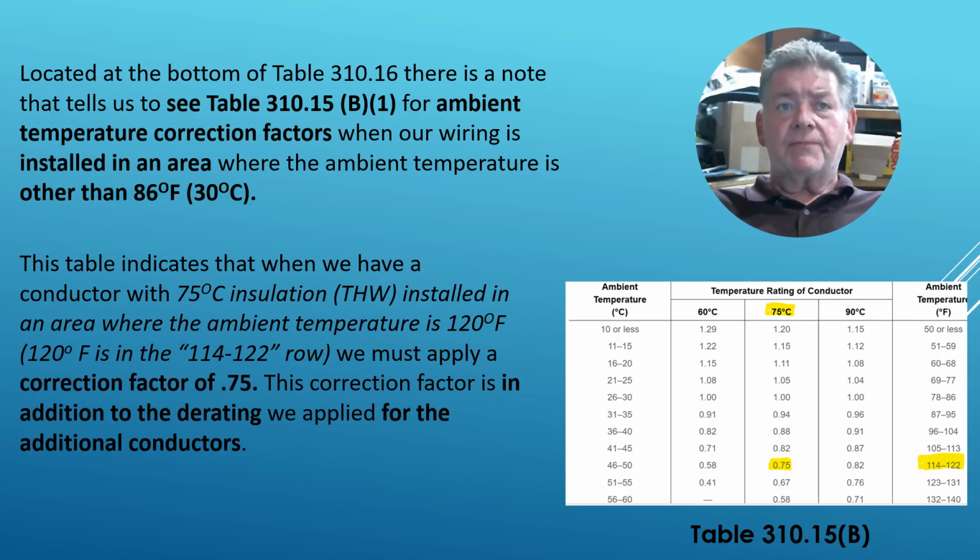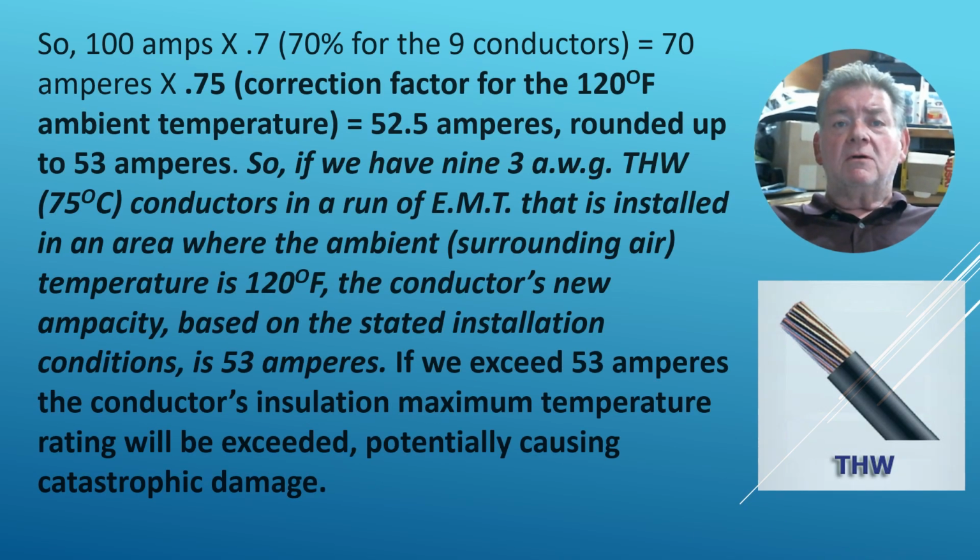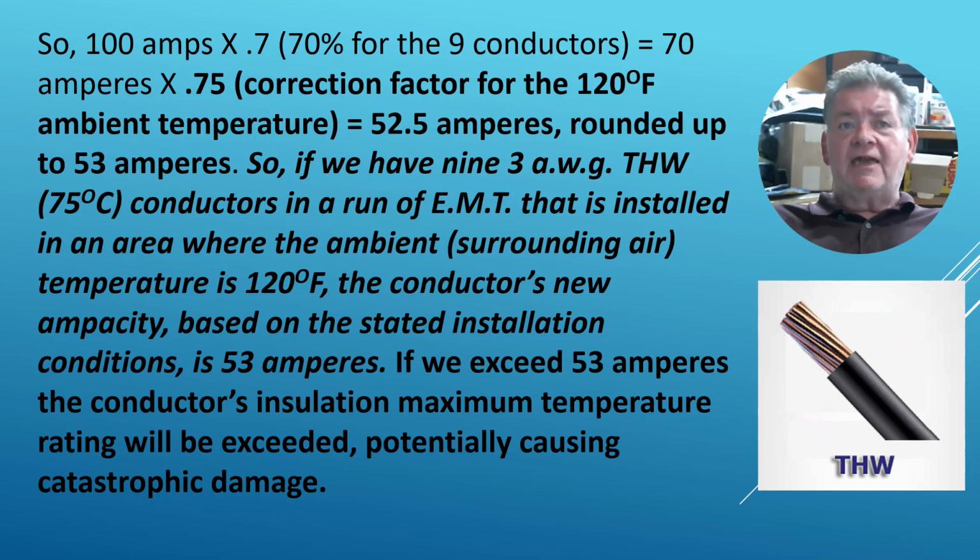So 100 amperes, the table 310.16 ampacity from the 75-degree column for a number 3, times 0.7, the decimal equivalent of 70% that we have to apply because we have 9 current carrying conductors.